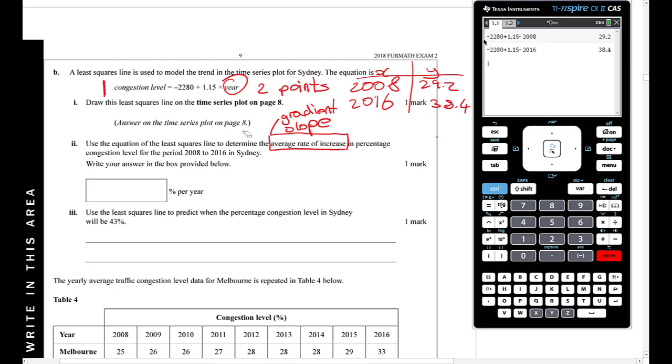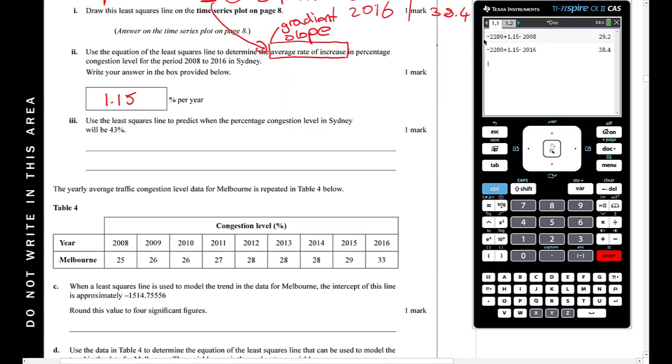This is a really easy question, because when you look at the equation, this is your slope. So all you need to say is 1.15 per year. That's the average rate of increase, 1.15 for every year. But 64% got it wrong. Don't be in that 64% if you get a similar question.